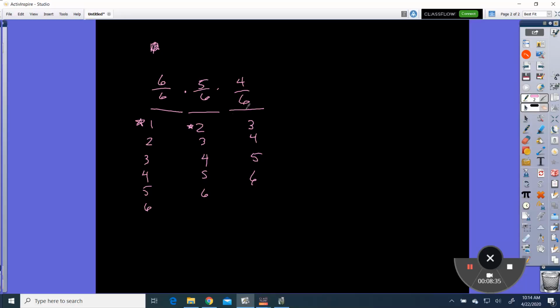I think I made that one wrong, though. Give me a second. Let's look at this backwards instead: 1 minus the probability of getting doubles. So the probability of getting a double, remember when I had the dice, like a black dice and a red dice?